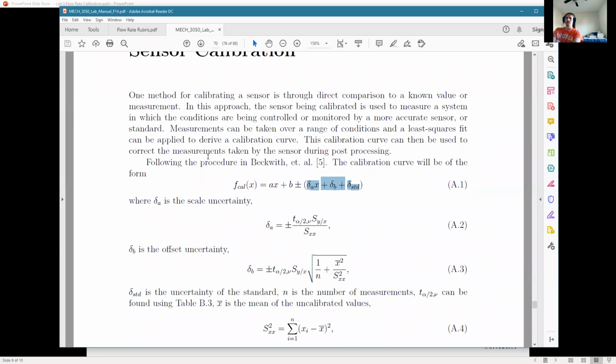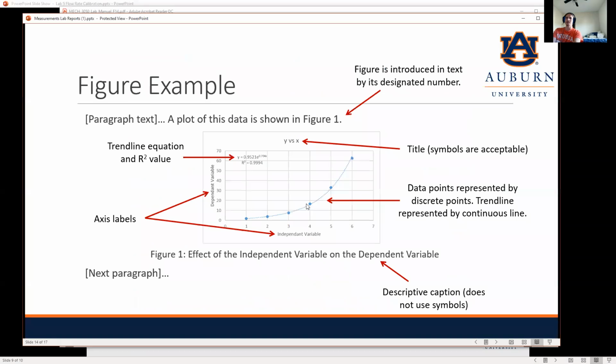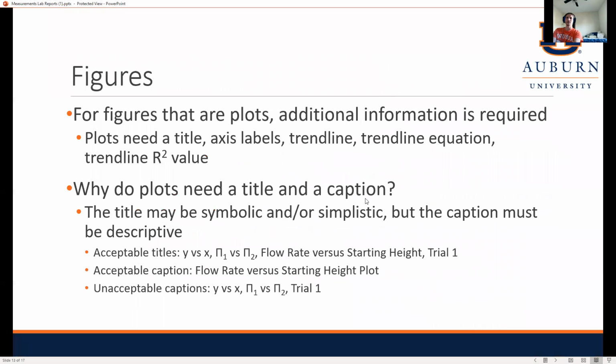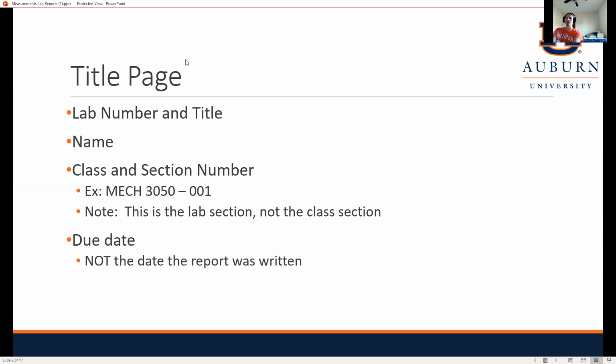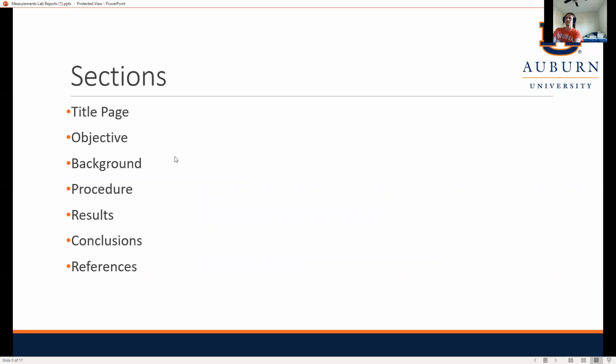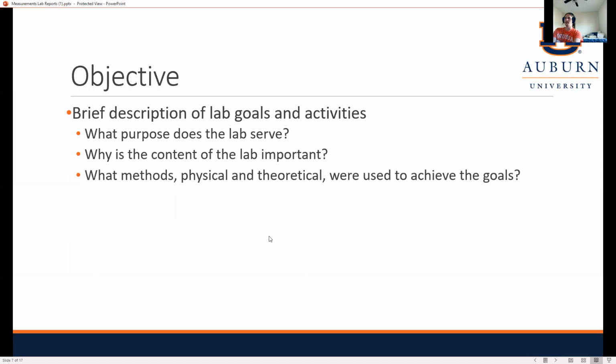So again, it's going to be another lab report. It is going to be exactly the same as the previous one as far as the overall format for it. So use the same format file. All the same sections are going to be in there.